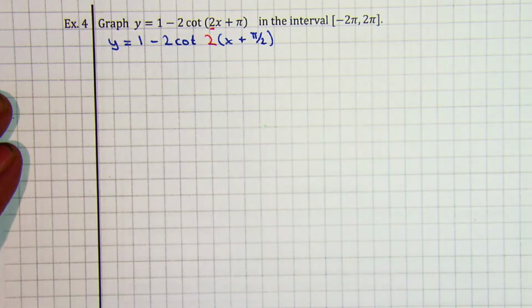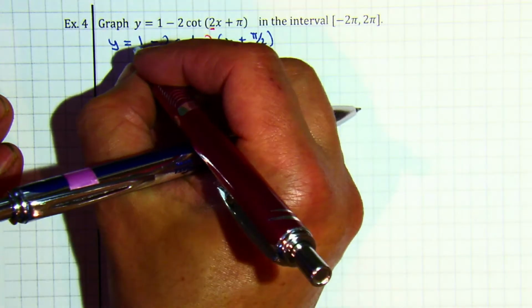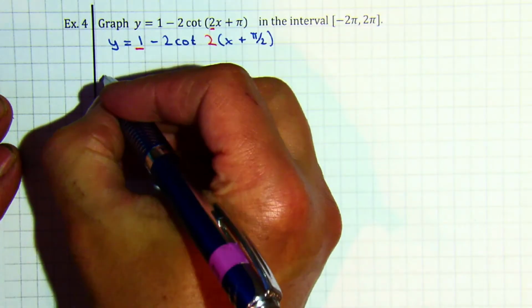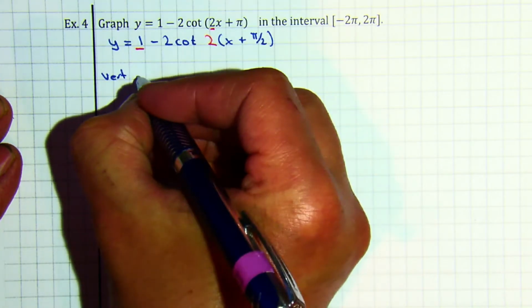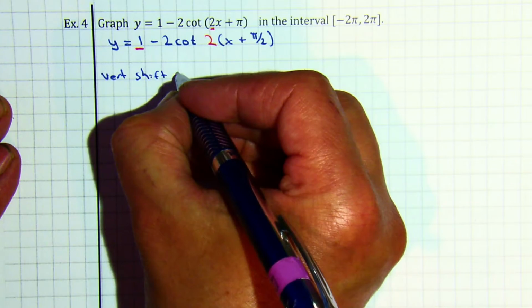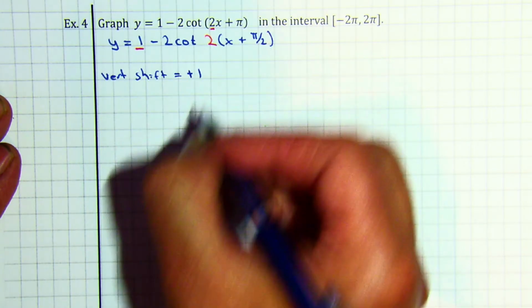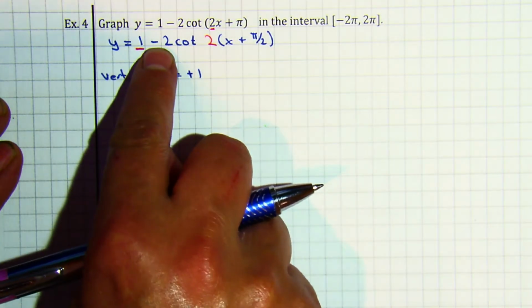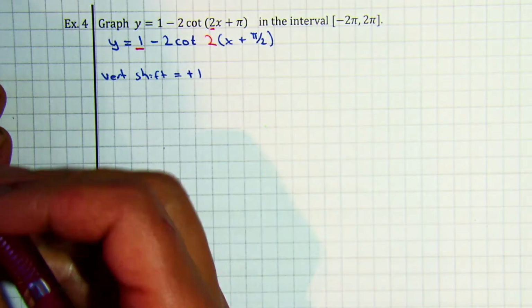And then I usually start from the left to the right. The 1 is going to be your vertical shift, your vertical translation, which is +1. The -2, so that is going to be reflected on the x-axis.